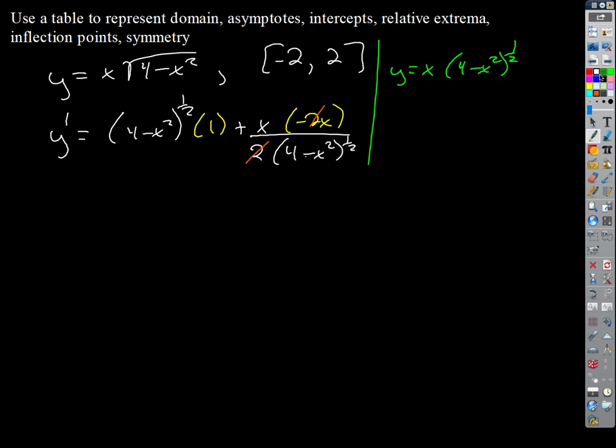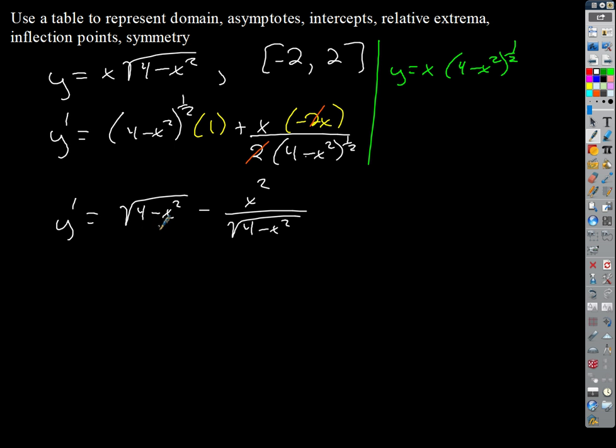And so I get y prime equals, if I want to write this as square roots, the square root of 4 minus x squared minus x squared over the square root of 4 minus x squared. One way I could do this would just be to get a common denominator, right? If I multiply top and bottom by the square root of 4 minus x squared, what am I going to get over here?